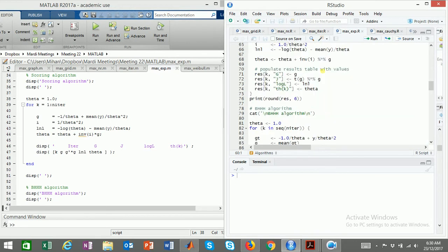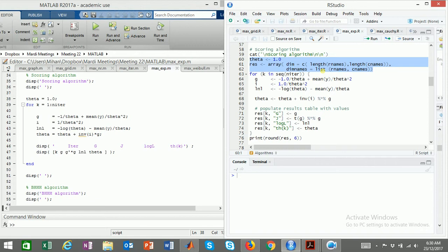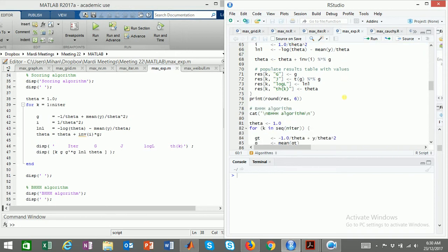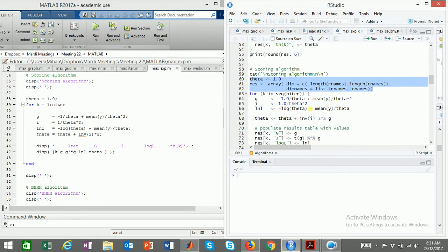We are putting even the headers of the columns. Then the dimension names. Second comes the property. We turn on the property dimension names, which equals listing of row names and column names. We pass all that in under array, and we put that in results, and results become a table. How do you populate results? Simply push the elements in each row or column, like k. Who is k?